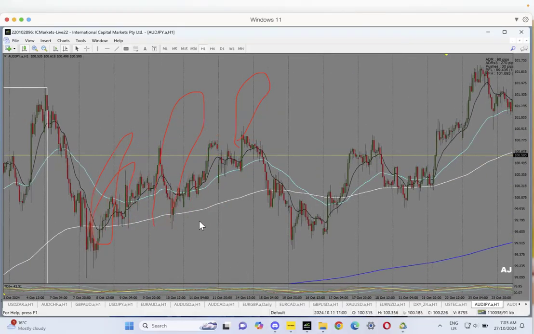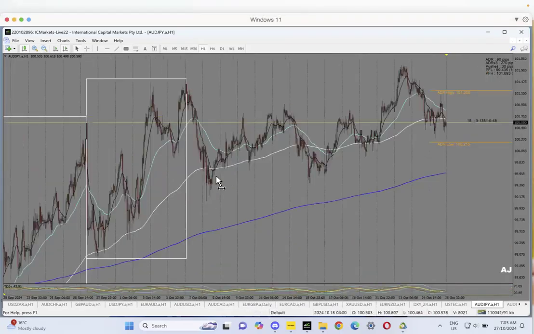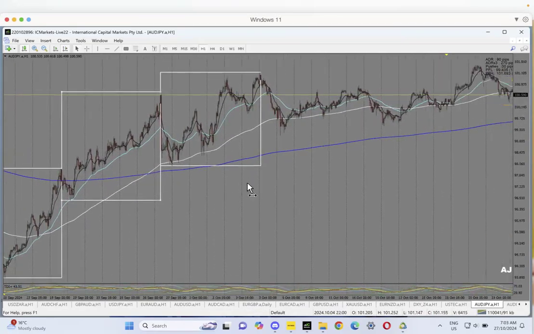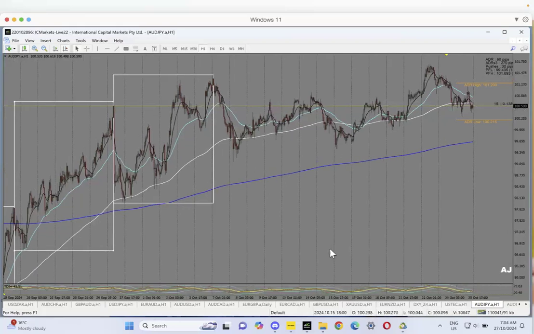It reset from the 200 on the 1 hour, but the 50 on the 4 hour. It did a reset, and that one is marked right here. And then we have 1, 2, 3. Come back and it's resetting now to go up.